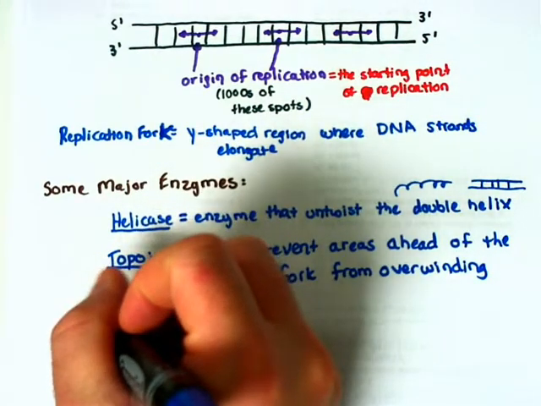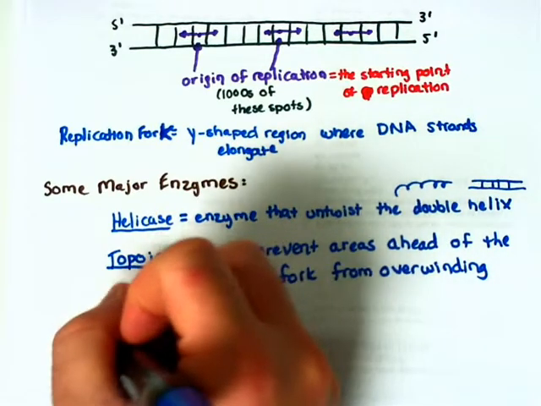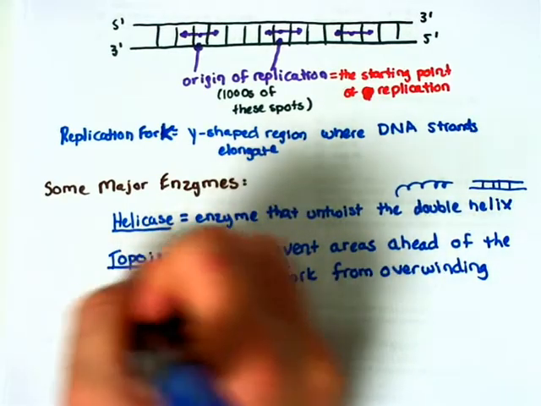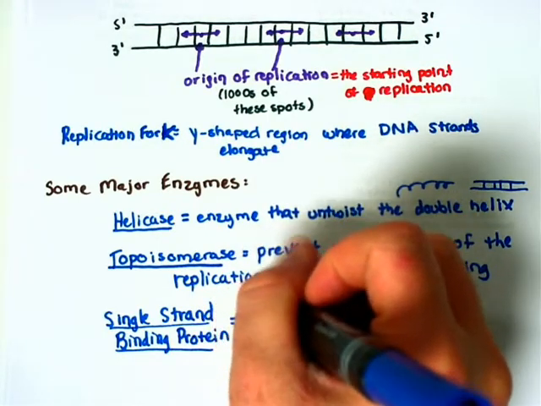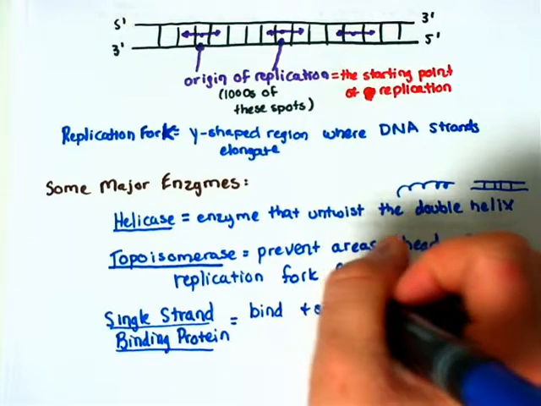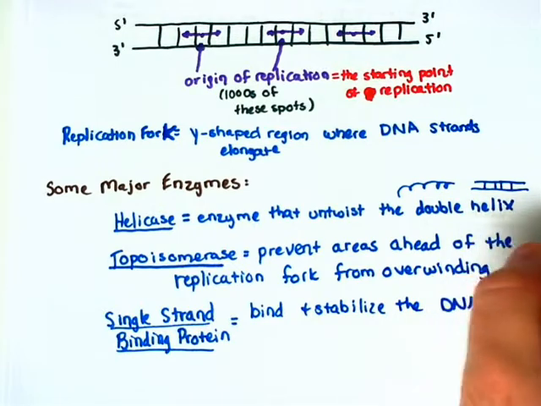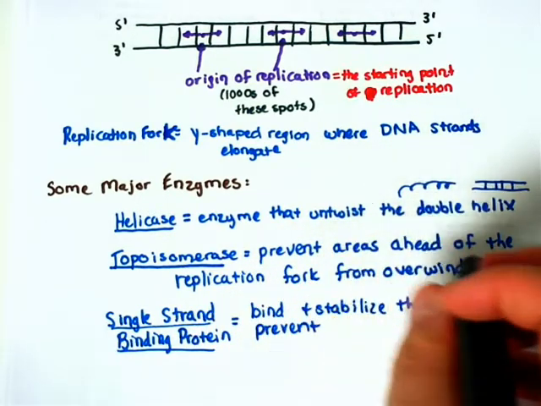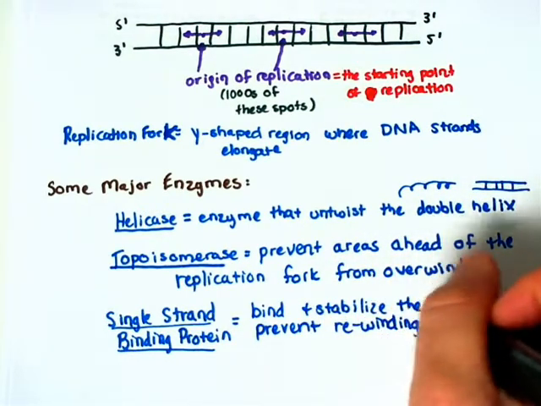And there's also another protein called single strand binding protein. It's actually an enzyme. Its purpose is to bind and stabilize the DNA and will prevent rewinding of the strand.